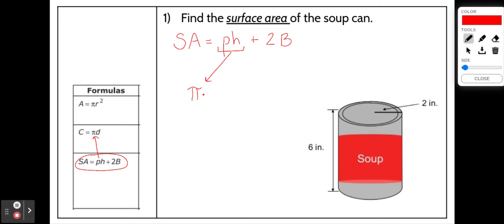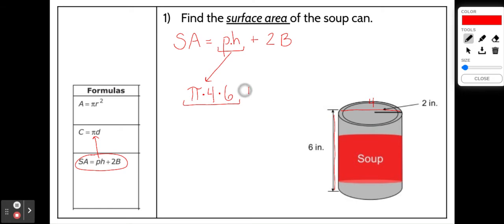Well, it looks like in the picture the radius is 2, so the distance all the way across would be 4. So pi times 4, and then we also have to multiply that by the height. And we can see that the height of the cylinder is 6 inches. So right here, that's going to be your tube. That will give you the area of the tube.